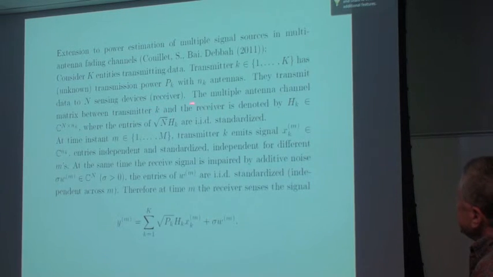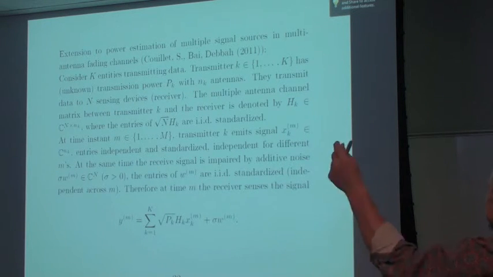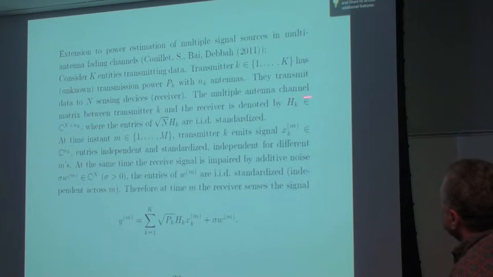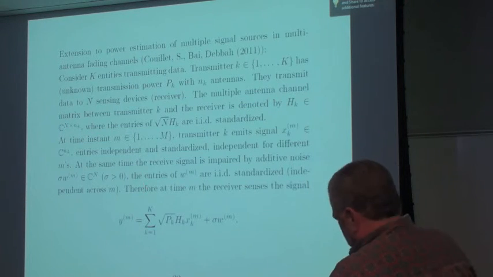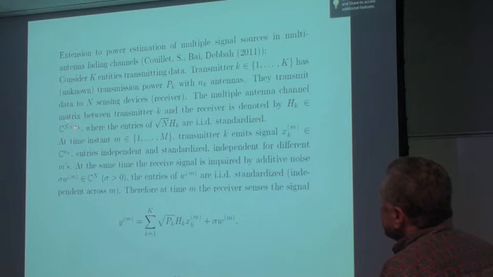Between transmitter little k and the receiver is what they call a fading channel. So you're going from the antennas in the one device to the group of capital N. You're doing matrix vector multiplication from the antennas.